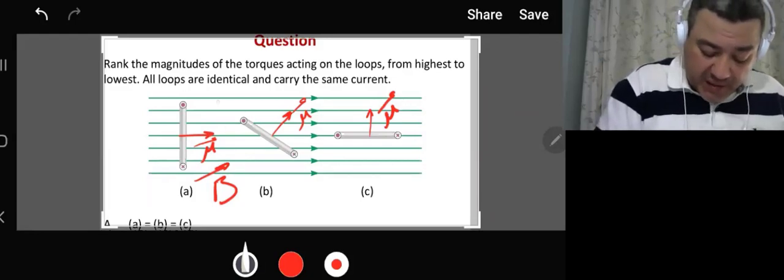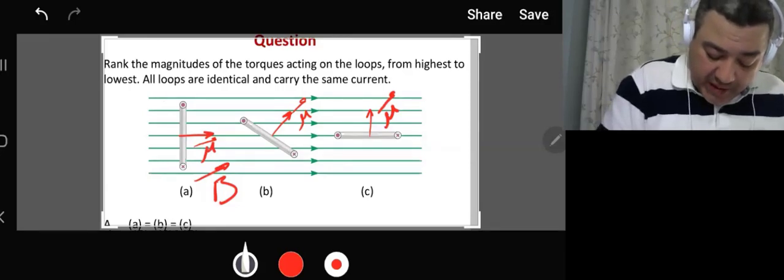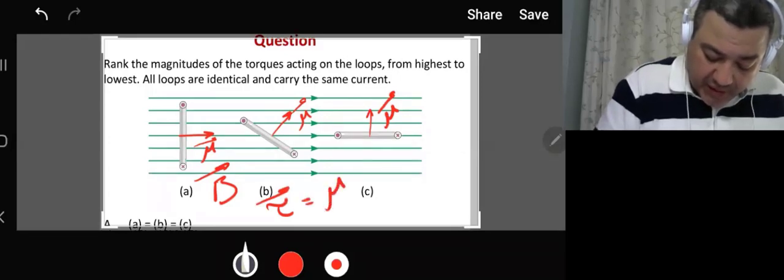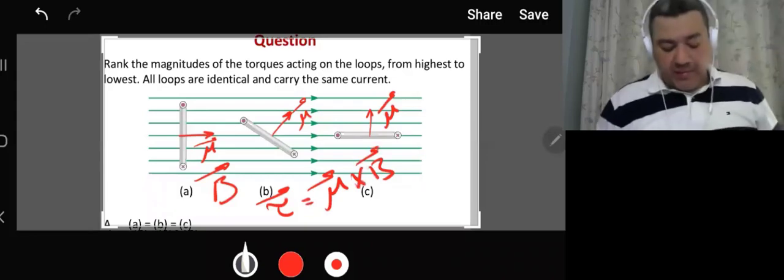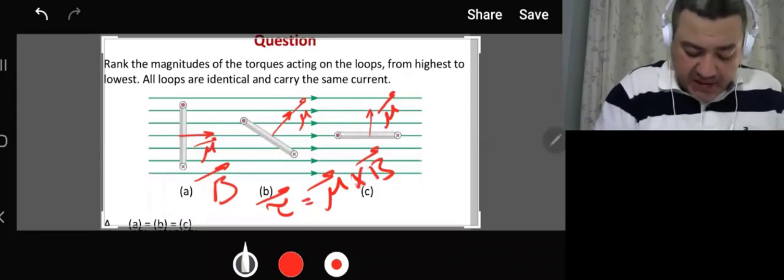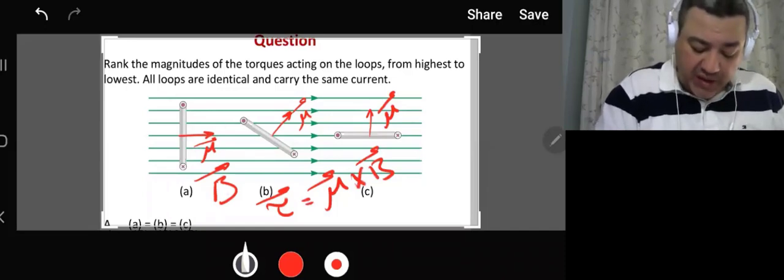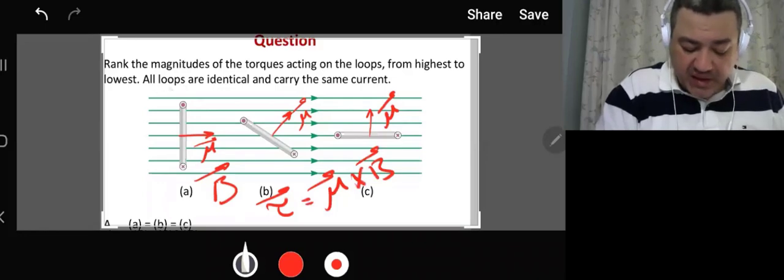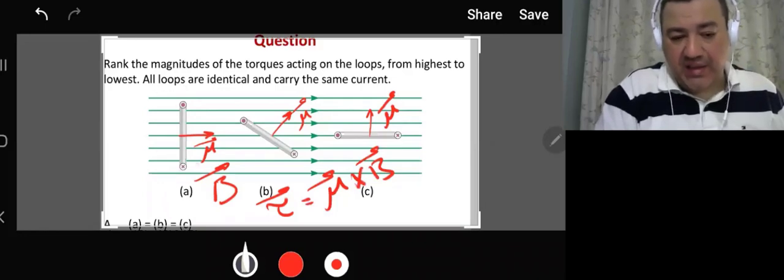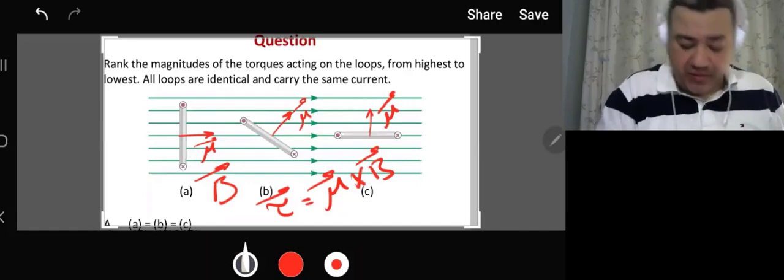So in this case, where I have the torque given mathematically by mu cross B, the angle between mu and B is 0. And that's why this case is the case that has a torque of 0.